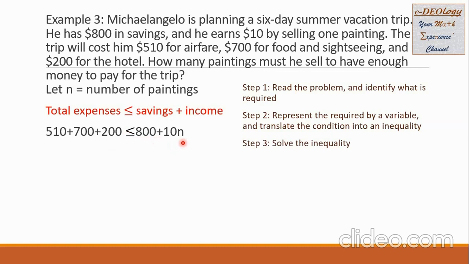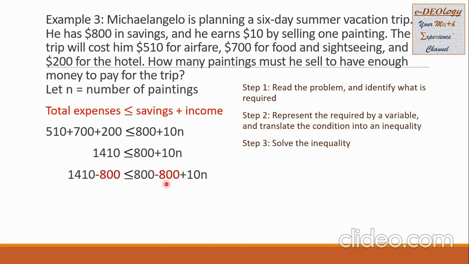We will solve now the inequality. First, let us simplify the left side. The sum of these three numbers will be 1,410. And we will just copy the inequality, also our right side members. Next, we want the 10n to be alone on this side. We want to remove the 800.